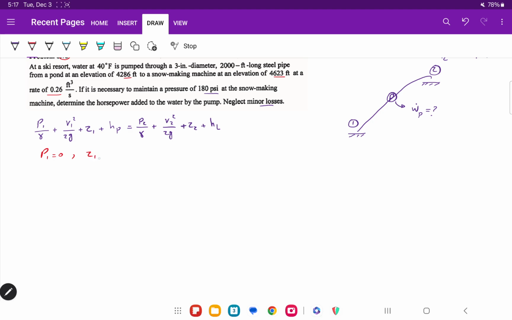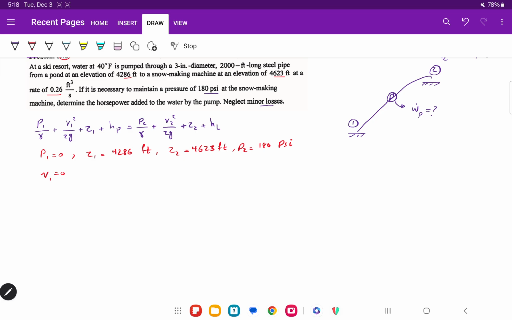Z1 equals 4286 feet, while Z2 equals 4623 feet. We know P2, 180 psi, and also we know that V1 equals 0 because it's a free surface.